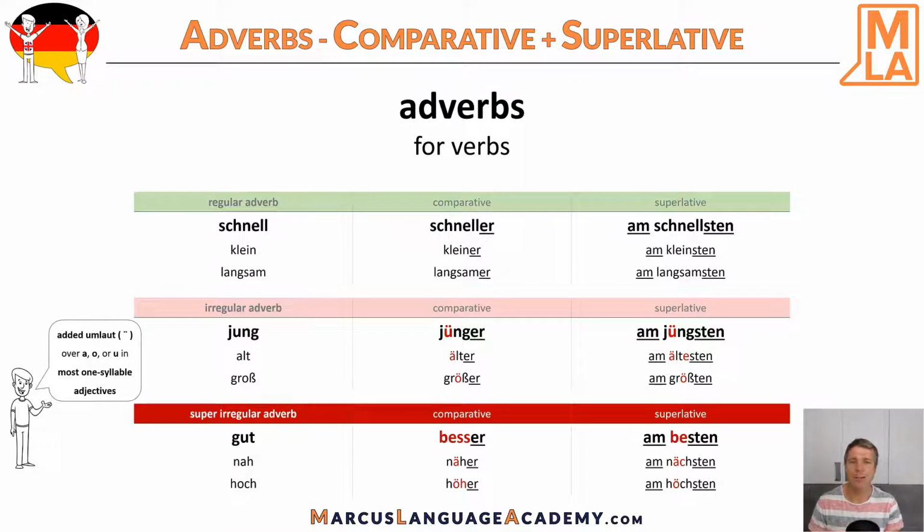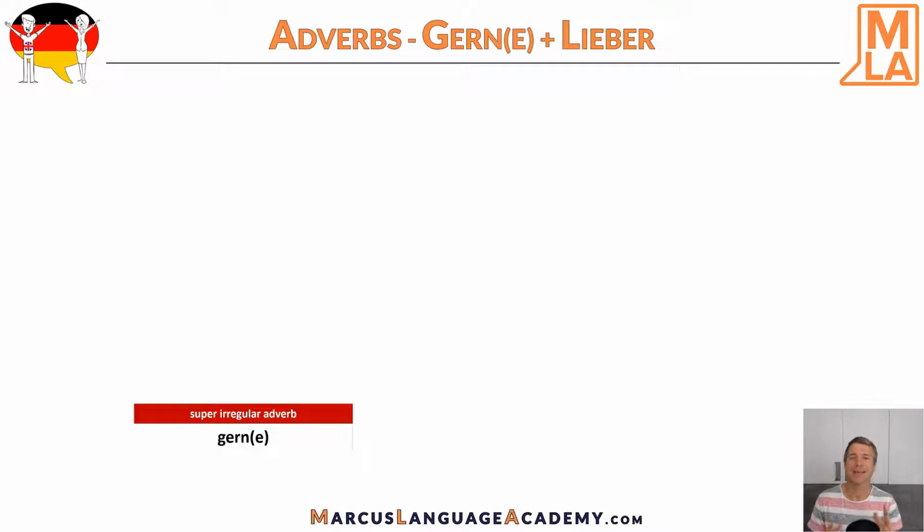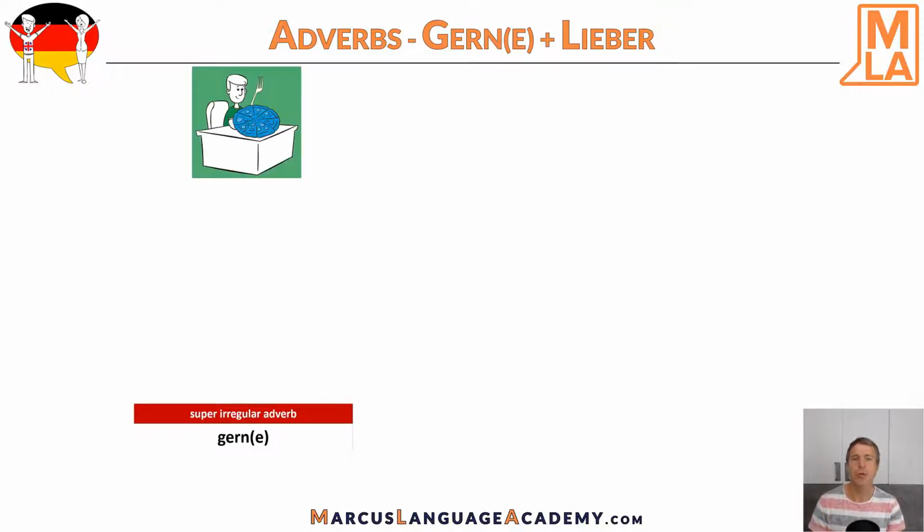And one example is the adverb gern or gerne, both work, which means gladly. And it's quite irregular. But let's look at an example for better understanding. And as always, for our example sentence, we use a picture. Ich esse gern Pizza or ich esse gerne Pizza.